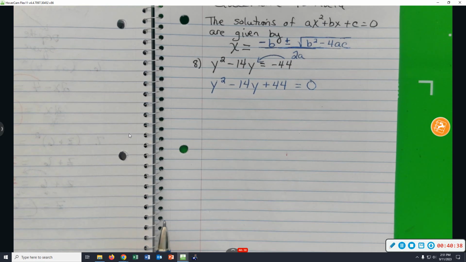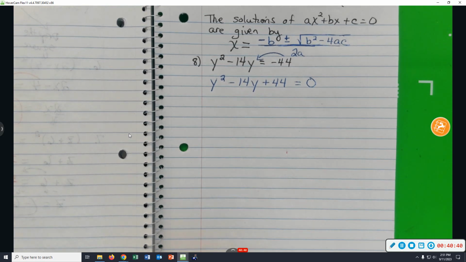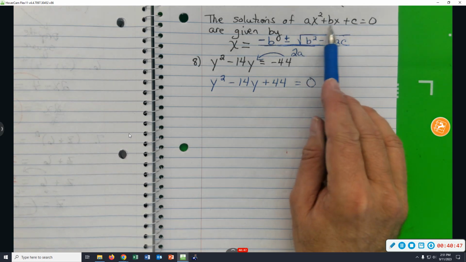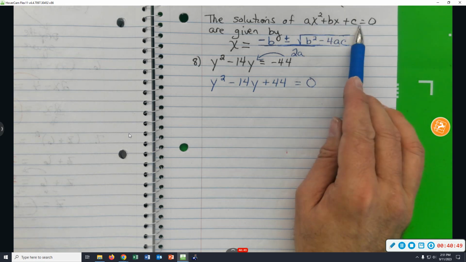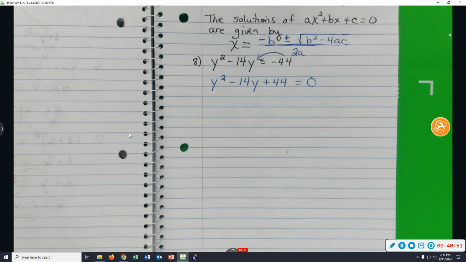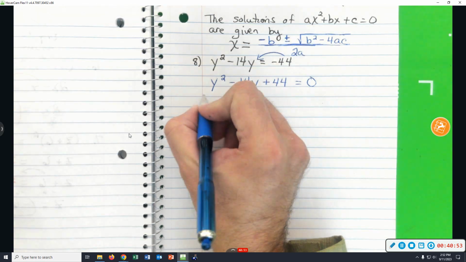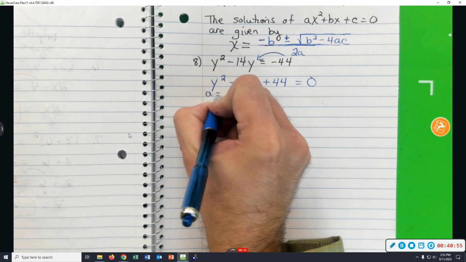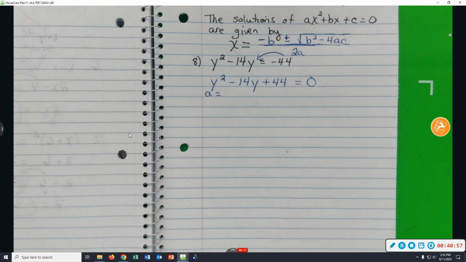And if I use the quadratic formula, I like to clearly label a equals, b equals, c equals. a, b, and c, those are numbers. Okay? So let's write out the values for a, b, and c. Don't say y.